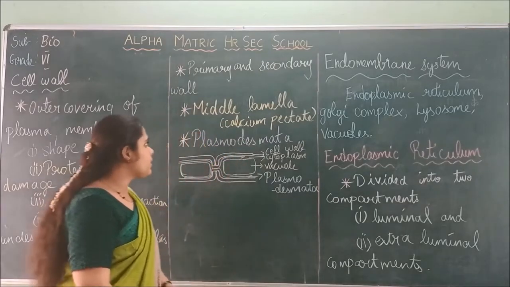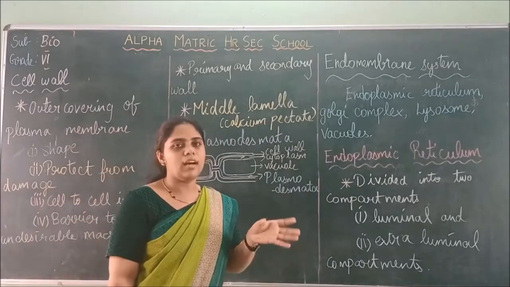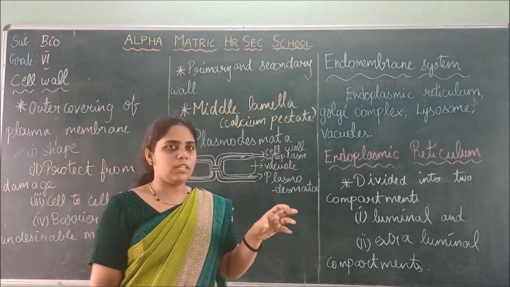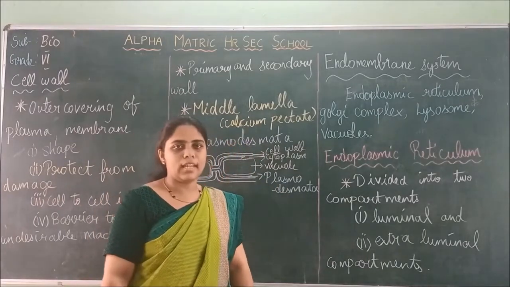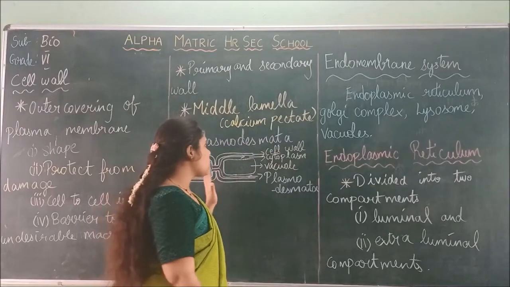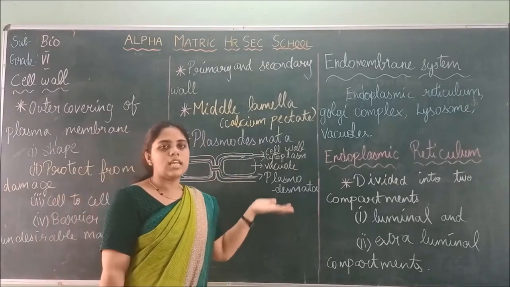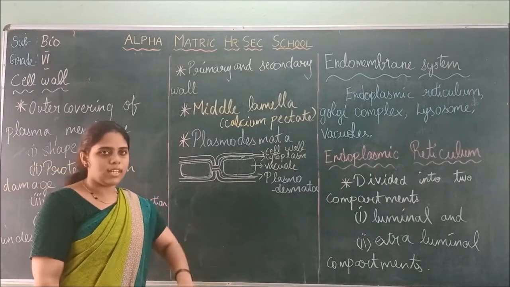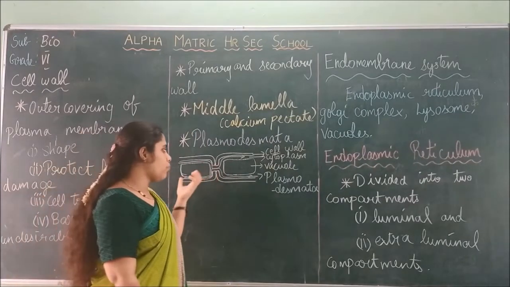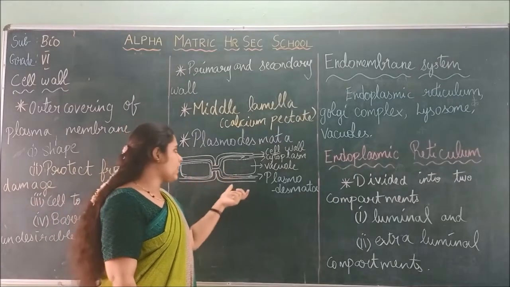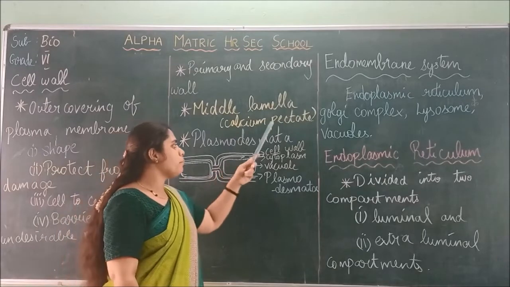The cell wall and the middle lamella are attached by this component. This also helps the neighboring cells. The cytoplasm of one cell and another cell is connected through this.